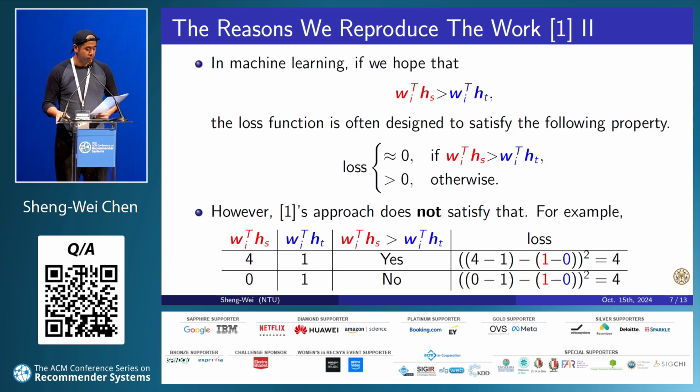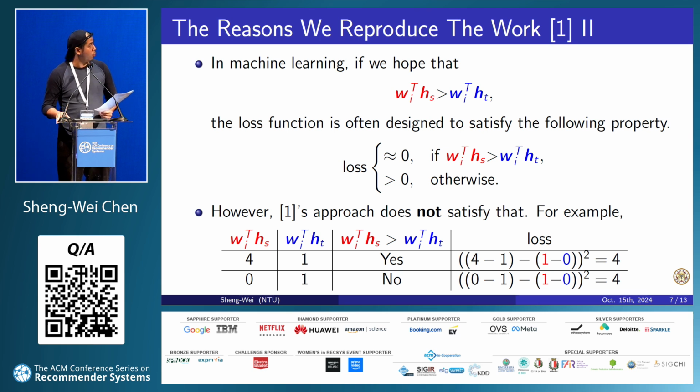In machine learning, if we hope that the red one is greater than the blue one, the loss function is often designed to satisfy the following property. The loss should approximate 0 if the ranking is correct. Otherwise, we should give the loss a value greater than 0.